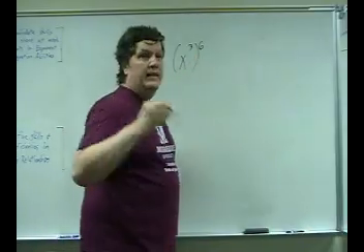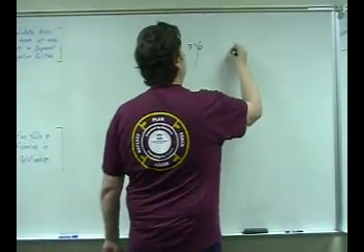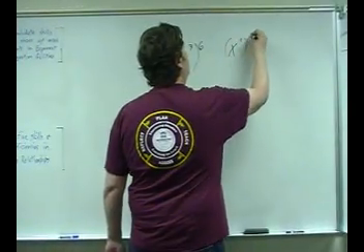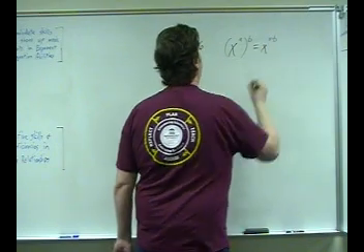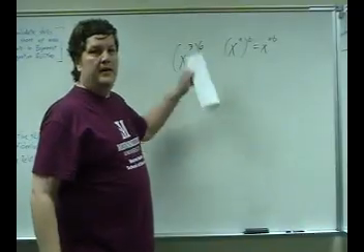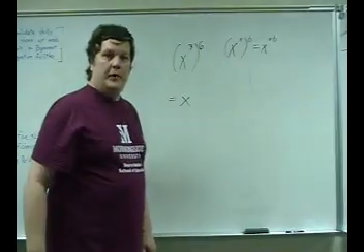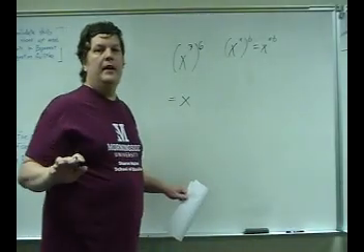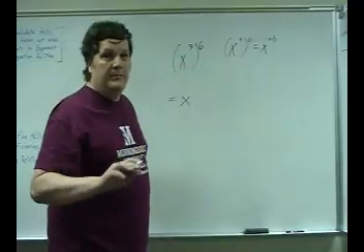So that's going to be a direct application of the power of power rule, which is x to the a, raised to the b, is equal to x to the a times b. With this one, I've got x to the third raised to the sixth power. So that's going to give me immediately, I'm writing down the base. First things first, before I do anything else, I'm writing down the base because this operation is not going to eliminate my base.